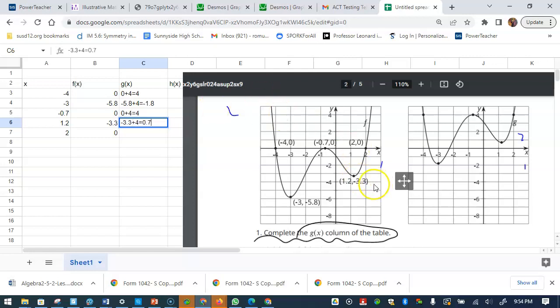I can clearly see the answers. That's negative 3.4, 1.2, and that's the point actually. And the next one is again 0 plus 4 equals 4.